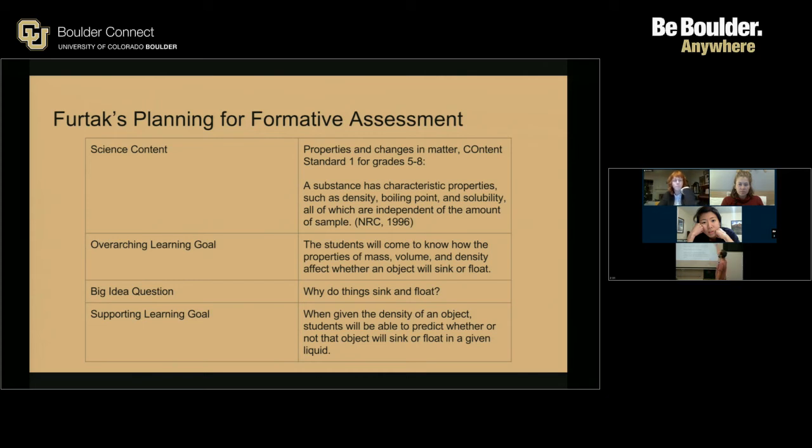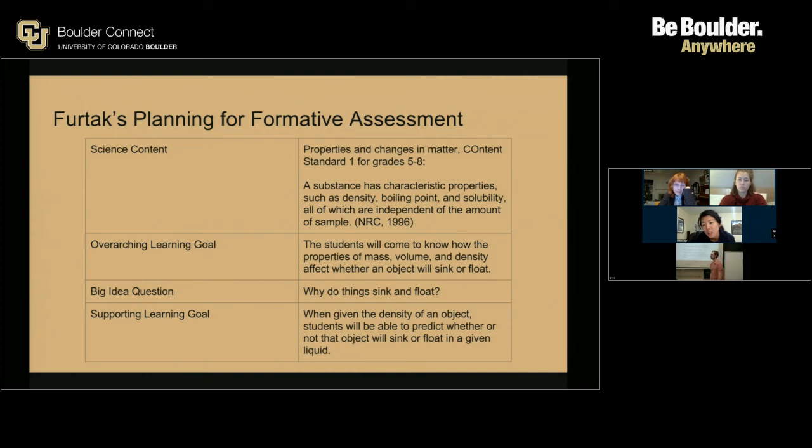So the big idea question doesn't cover every single piece of this standard, but it does hit a big part of it. You kind of have to take a chunk of the big standard and start to address it, because to make a question or a learning goal that addresses the whole standard is almost impossible, it seems.